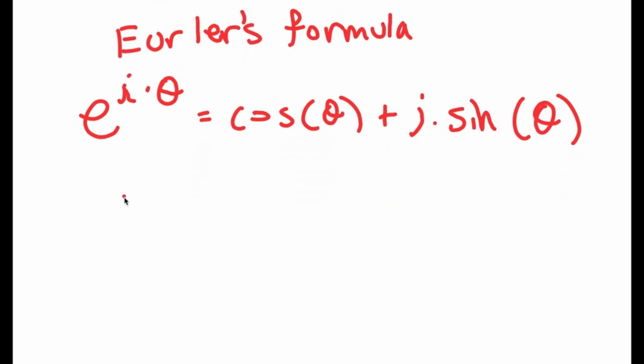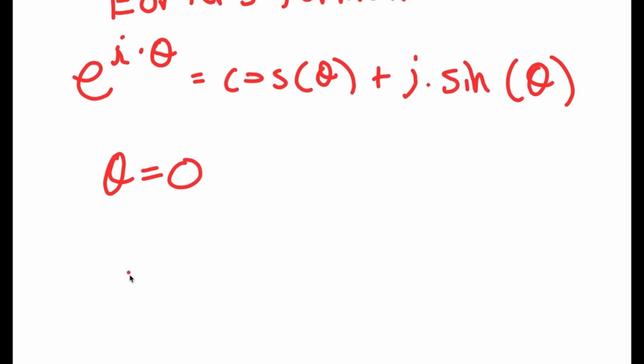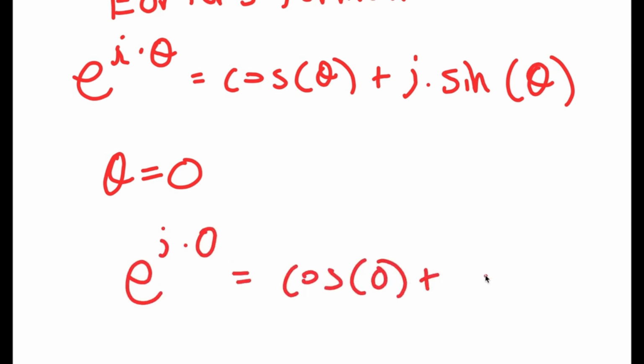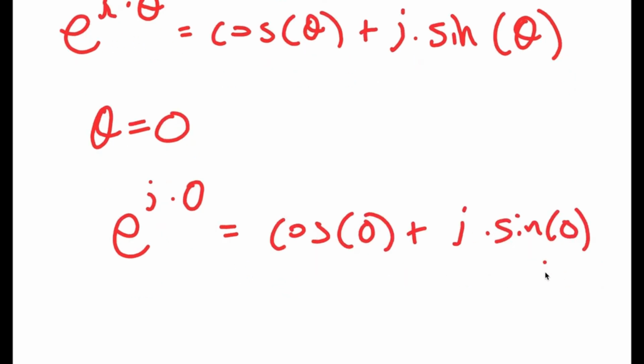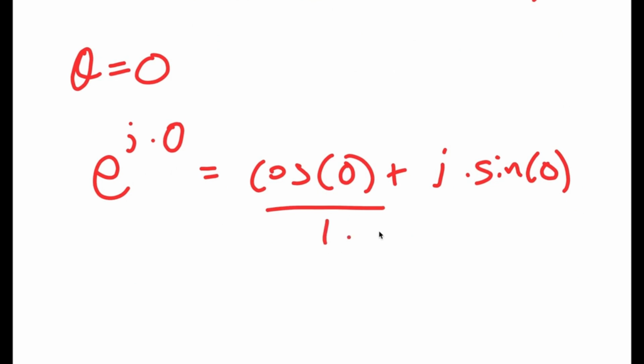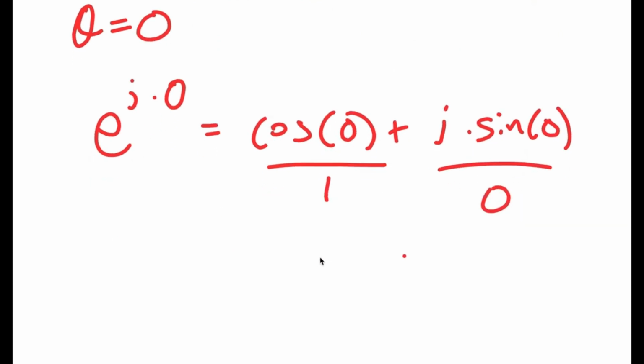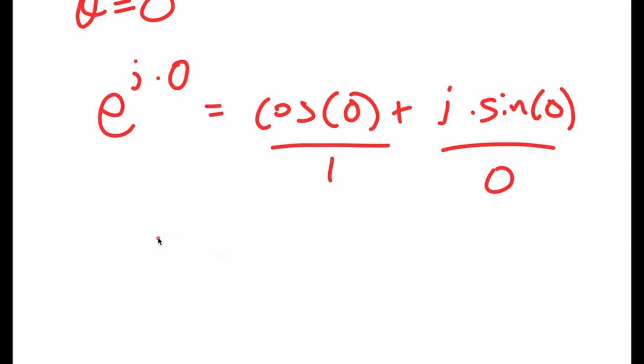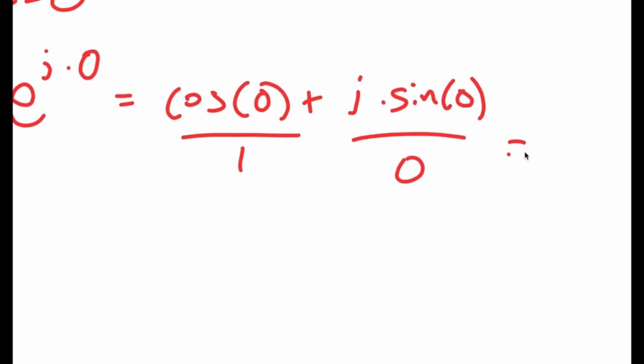So let's say that theta is equal to 0. Now I get e to the power of i times 0 is equal to cosine of 0 plus i times sine of 0. Cosine of 0 is 1 and sine of 0 is 0. So I get this all is equal to 1.